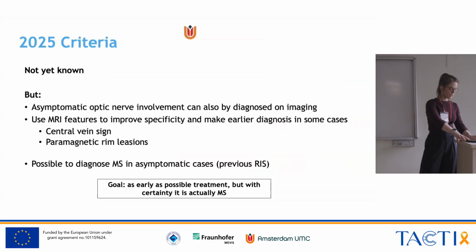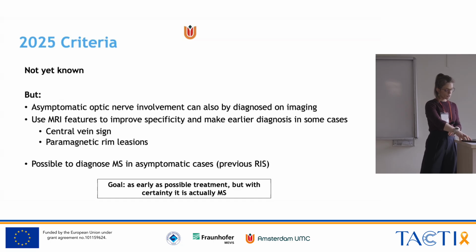So, yes, the diagnostic criteria of 2025, we don't know them yet, but again, asymptomatic optic nerve involvement can also be diagnosed on imaging, and we have new MRI features to improve specificity and make an earlier diagnosis in some cases where it's sometimes difficult, such as the central vein sign and the paramagnetic rim lesions.